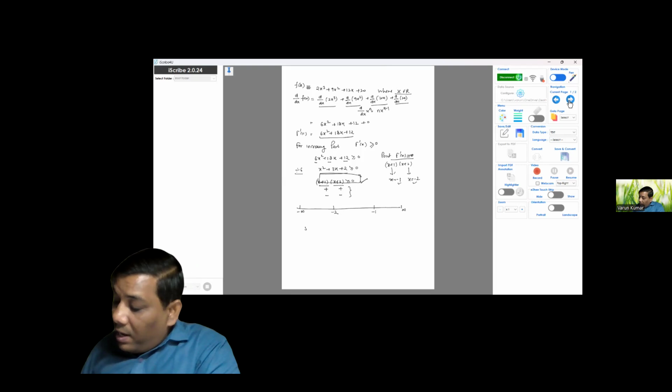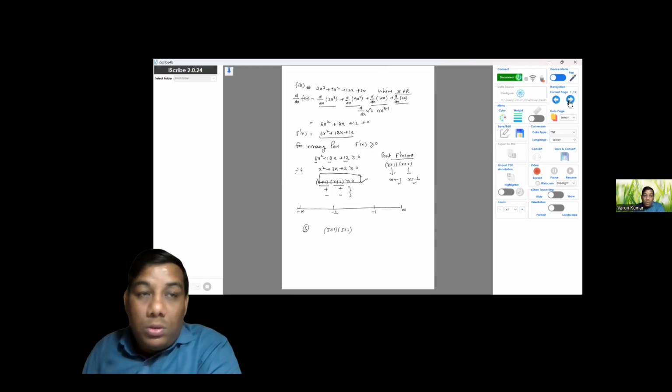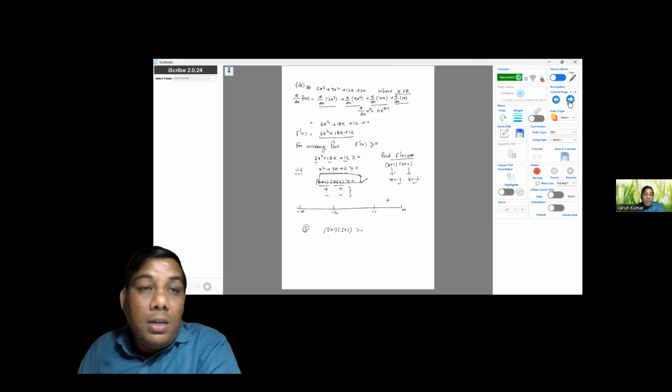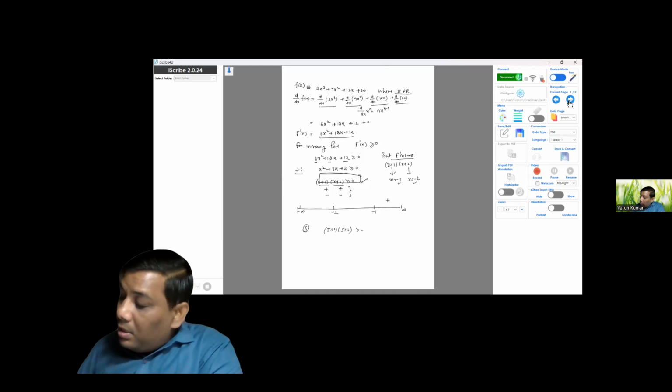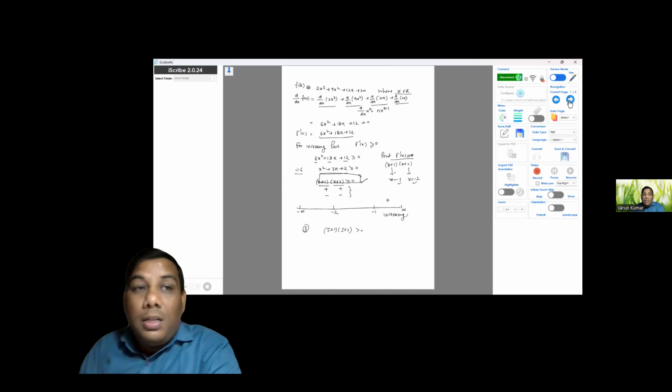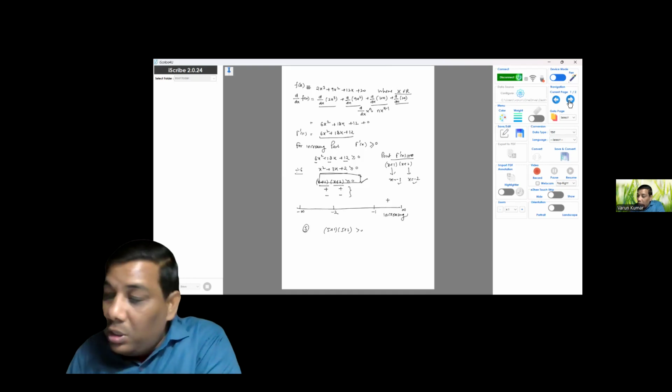Suppose we have taken 5. Then it is (5 + 1)(5 + 2), which will become positive. So here we put a positive sign. A positive sign means in this interval the graph of the function is increasing, because the derivative is positive.